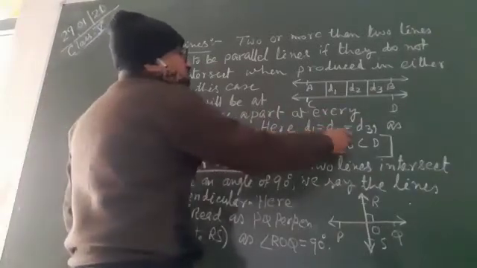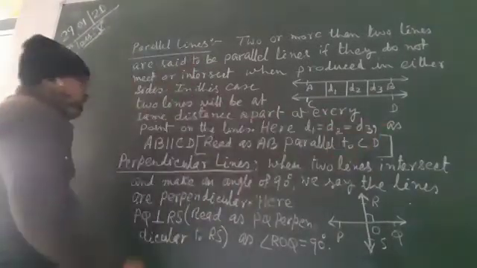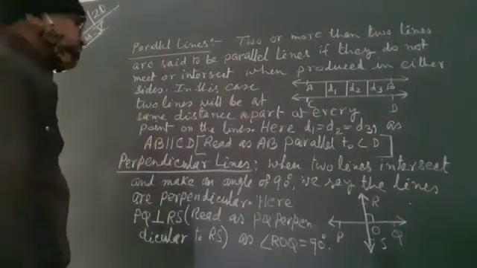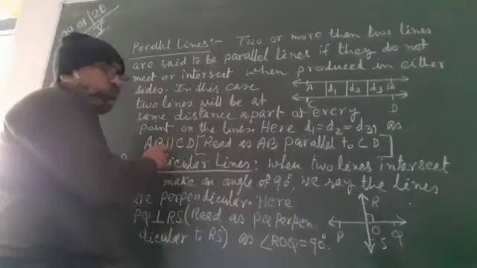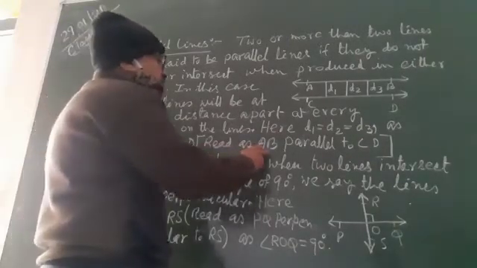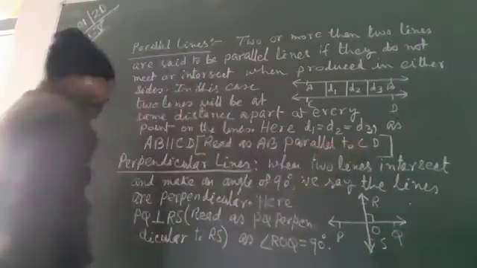And as AB is parallel to CD, we read it as AB parallel to CD.